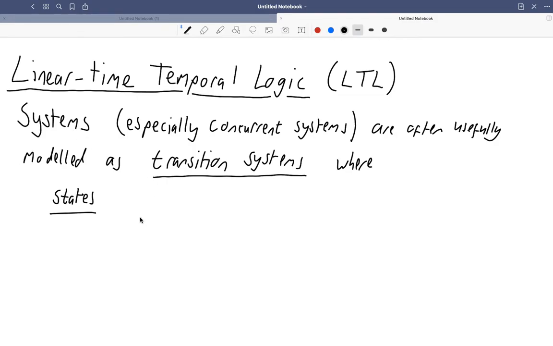So states represent distinct states. We're using the word states twice here, but let me comment on that in a moment. Distinct states of the system being modelled.